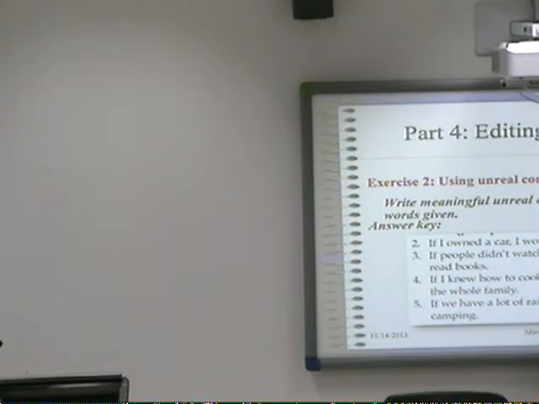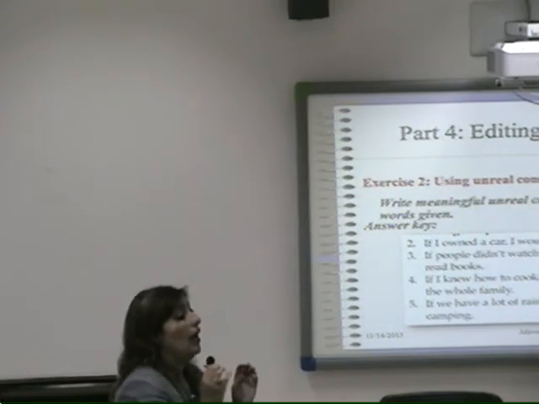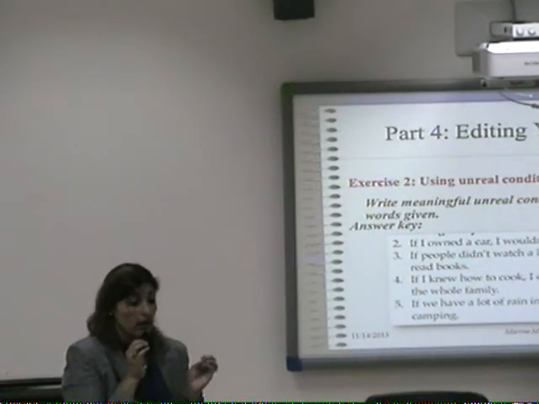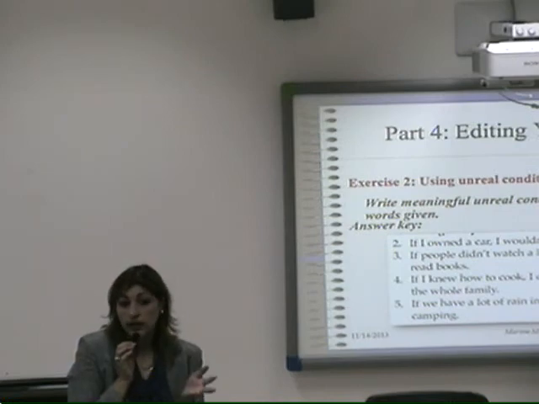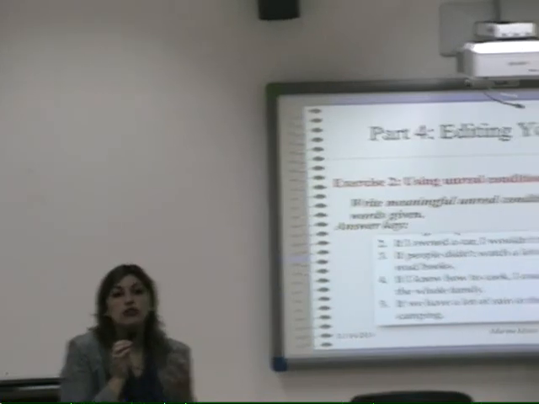If we have a lot of rain, we might not go camping. This is right. If in a country that doesn't have rain in spring, in this case you can put it in the unreal conditional.